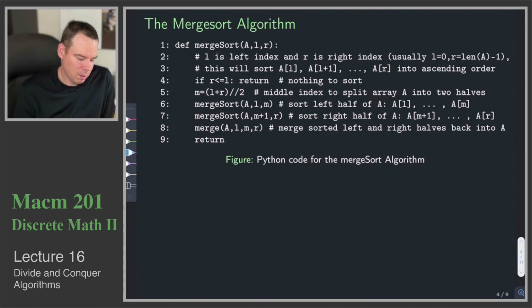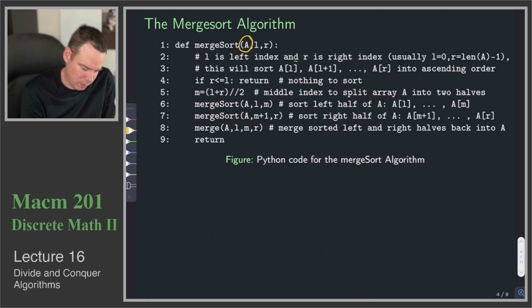So here's the merge sort algorithm as a whole. What it does is it takes in an array, and then it takes in 2 indices, the left index and the right index, and that's what we're going to sort between. We're going to sort from A[L] all the way up to A[R]. And so that's what it shows here.